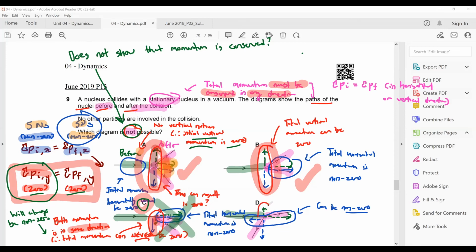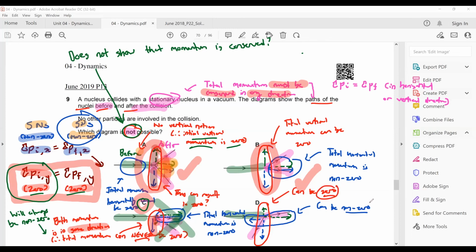Now, then if you look at the vertical direction, this one can be zero. Because you see, both of them are in opposite directions. So provided they are the same length, same magnitude, you will end up getting zero. So it's a case of them being possible. The vertical one is possible to be zero.